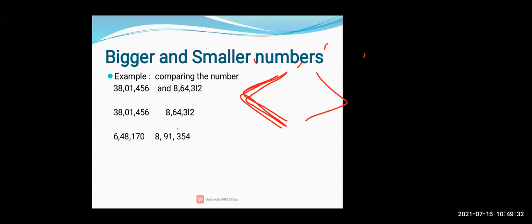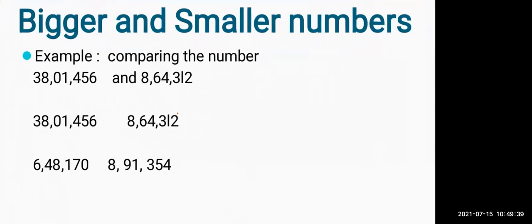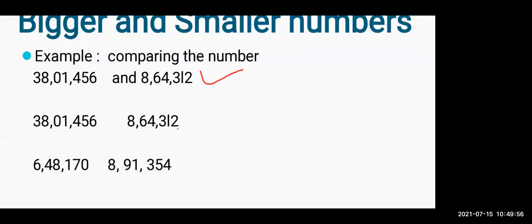Now you see here. I have written here some examples. Through these examples, I will show you which number is the bigger number. So the first example I have written is 38,01,456, and another number in front of it is 8,64,312.